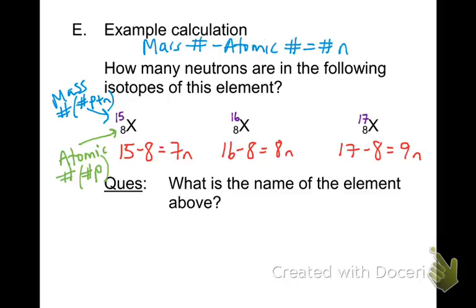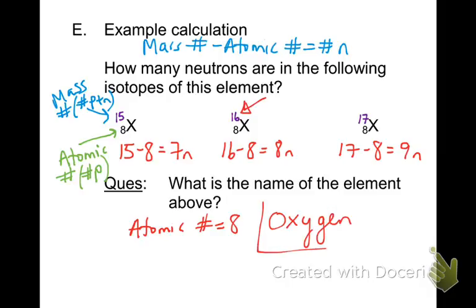So these are different isotopes of the same element because they have the same atomic number, but they have differing numbers of neutrons and differing mass numbers. The name of this element, so if you look up an element with the atomic number of 8, you'll notice that you're looking at oxygen on your periodic table.